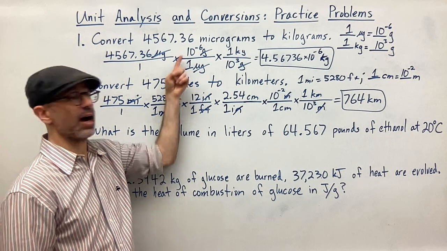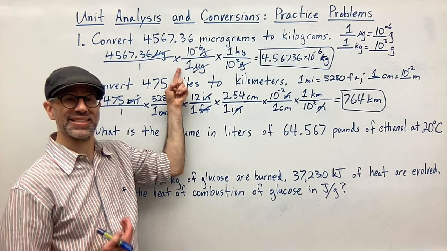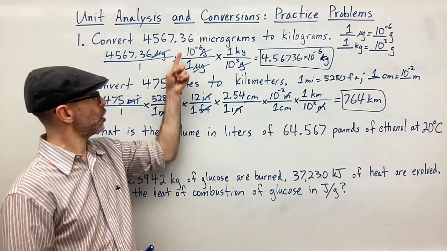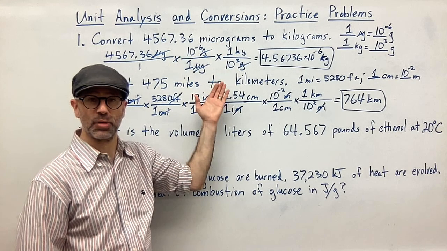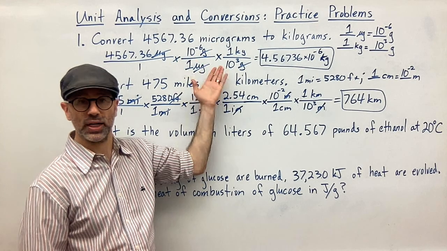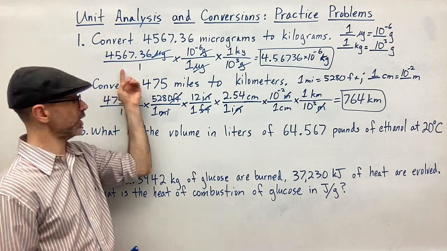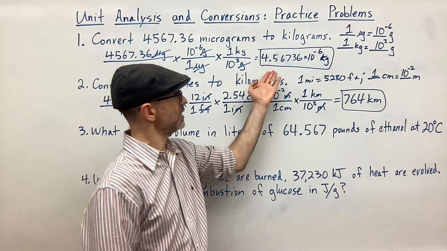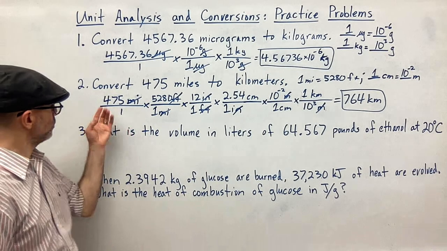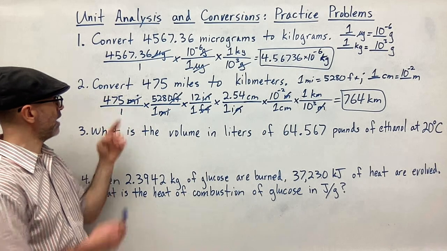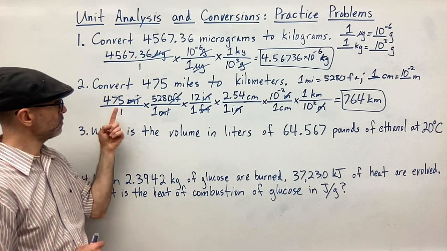And any relationship between metric units is exact. It's true by definition. So this is exact, and this is exact. So they have an infinite number of significant figures, so we can ignore those. So therefore, since this has 6 significant figures, our answer should have 6 significant figures. So here, our measure is 475. We have 3 sig figs here: 4, 7, and 5.